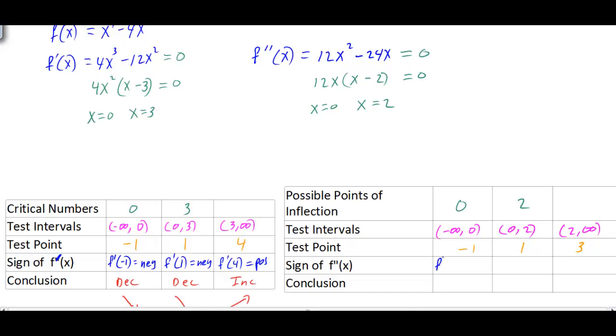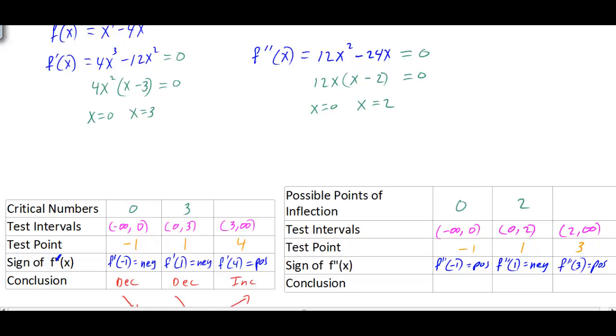So the second derivative evaluated at negative 1, that's going to be positive. And the second derivative evaluated at 1, if you plug 1 into the second derivative, it would turn out to be negative. And if we evaluate the second derivative at 3, if you plug 3 into the second derivative, it's going to be positive.